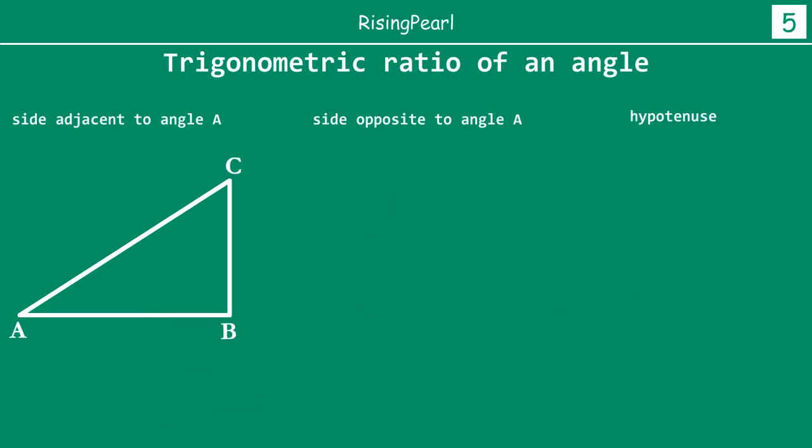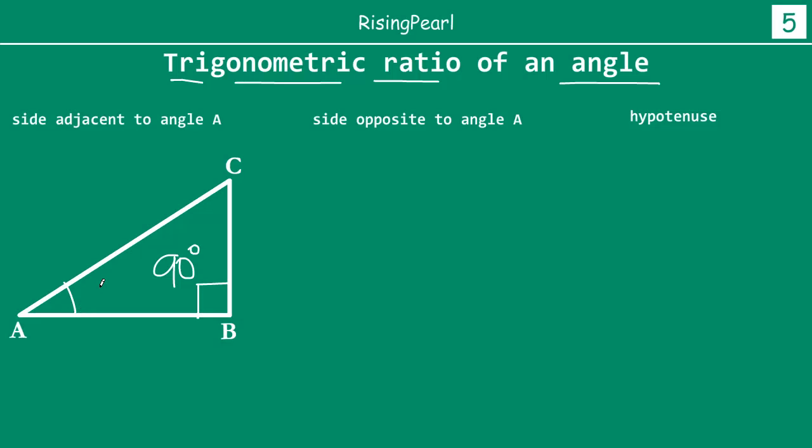So let's continue to explore this. Now we will look into the point that we were trying to make earlier, which is that whenever we talk about trigonometric ratios, we are talking about an angle. So here let's start with angle A. This is our 90 degrees. Now for angle A, we want to write out the trigonometric ratios.